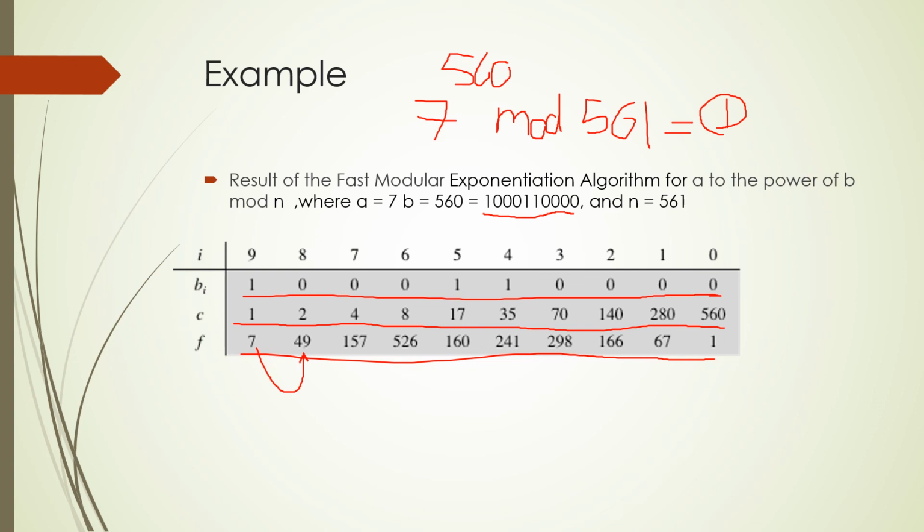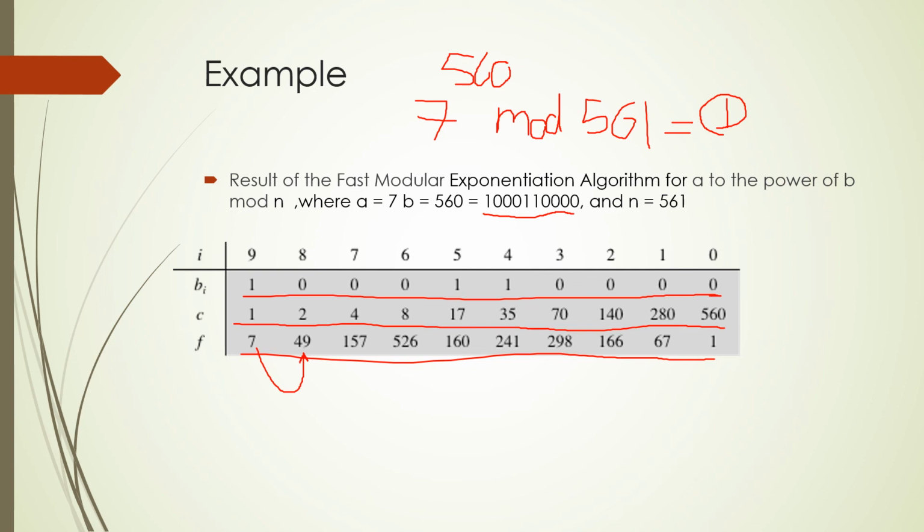If the current bit of b is not 0, if it's 1, then not only do we square it, but we also multiply it by a, which is the base of the exponential relation. In this case, a is 7.